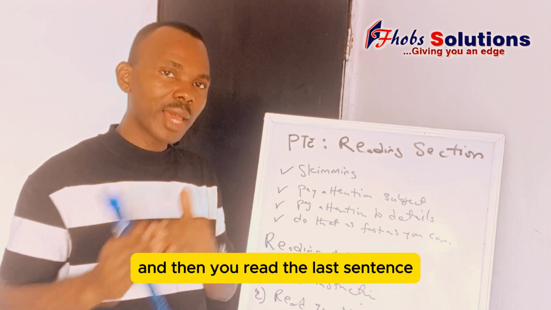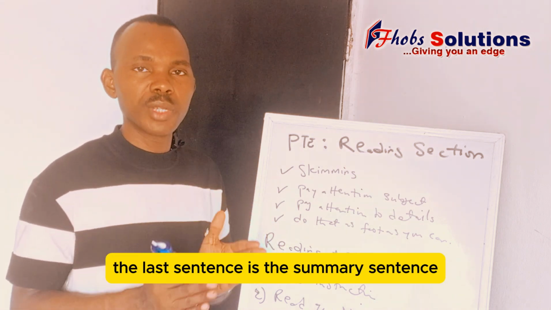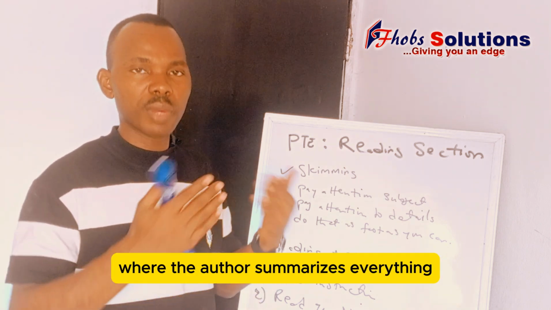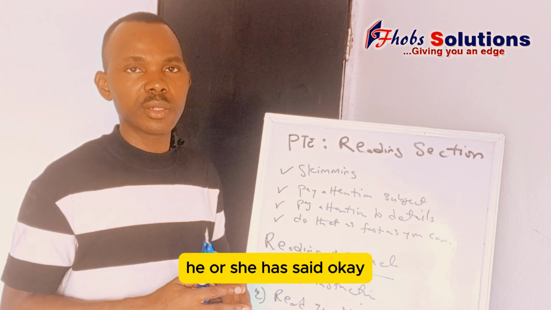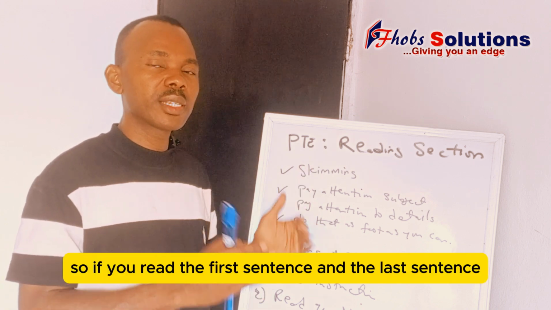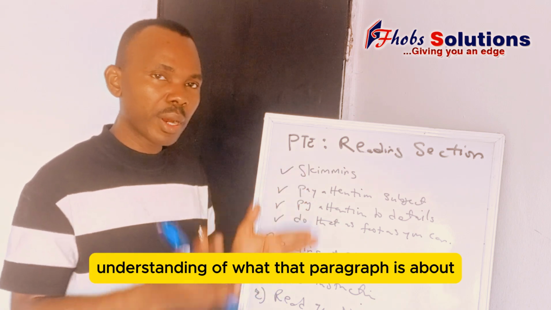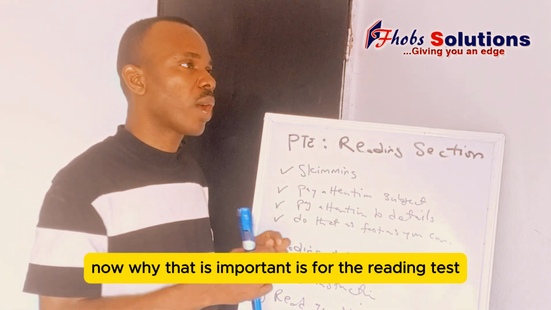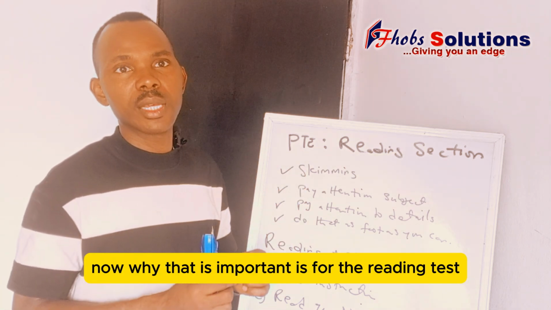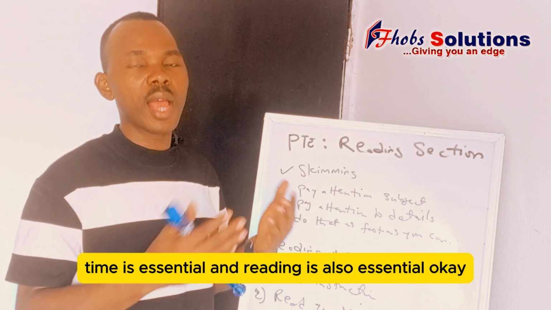And then you read the last sentence. The last sentence is the summary sentence where the author summarizes everything he or she has said. Okay, so if you read the first sentence and the last sentence, it gives you an overview understanding of what that paragraph is about.